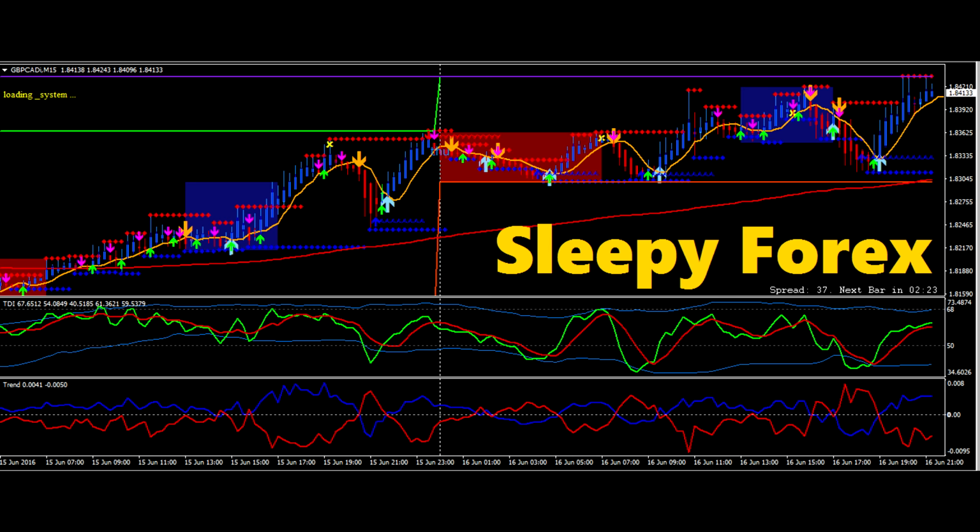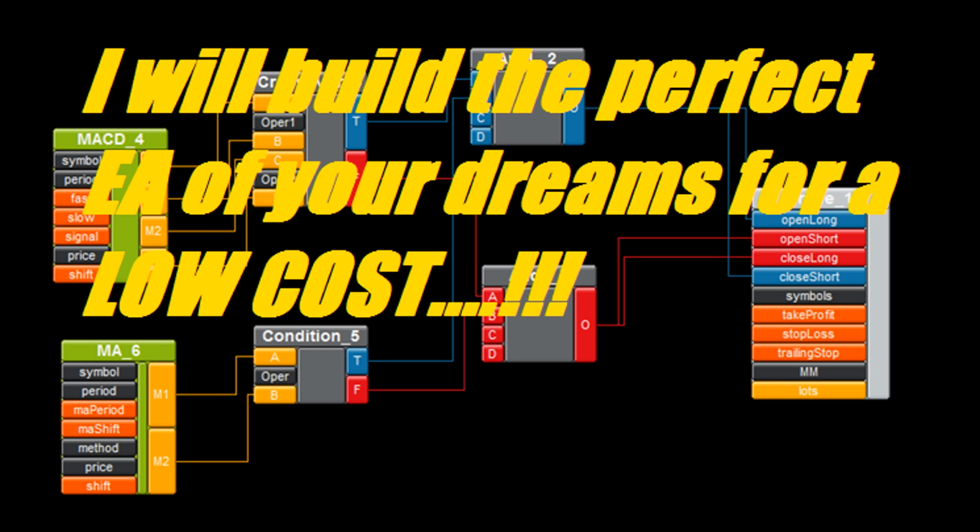Now, on top of all of this, you will also gain access to my EA building services, which is a separate entity in itself. It's basically a service where I completely code and construct an EA from scratch, okay, to your liking. So whether you have an EA based around a strategy that you have created, and you're looking for someone to build this EA for you so that you can use this in your Forex charts, then that's completely fine.